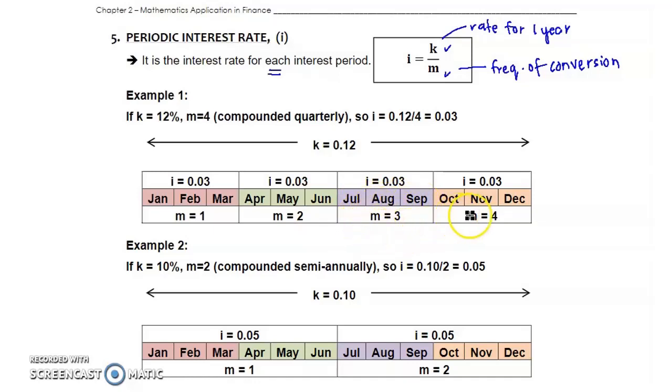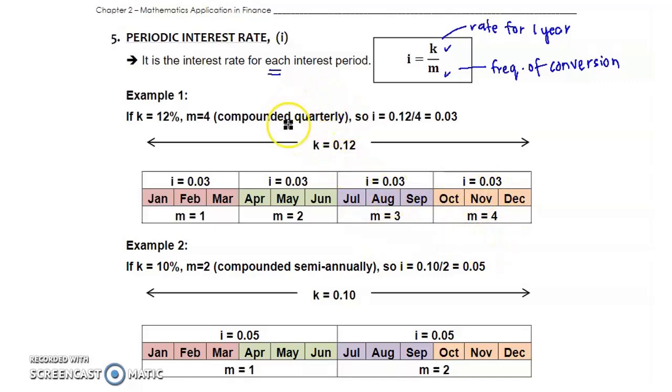And then last quarter, October, November, December, we wait another 3 months, then we calculate interest. So now here M equals 4. Within 1 year, January until December, we calculate interest 4 times. 1, 2, 3, 4.